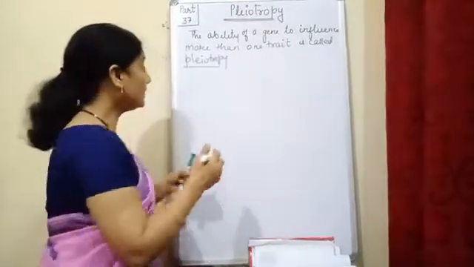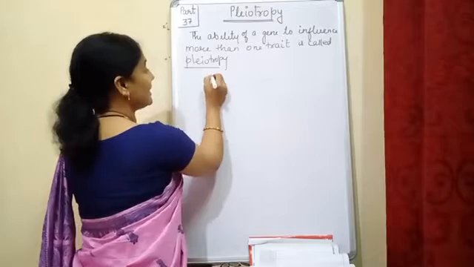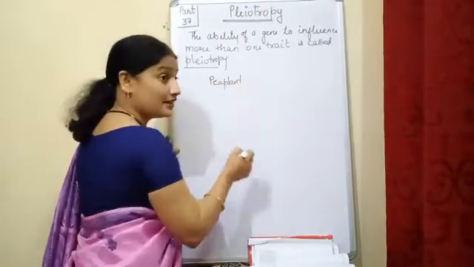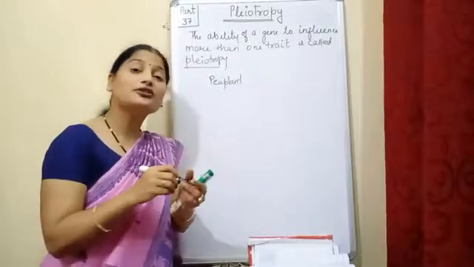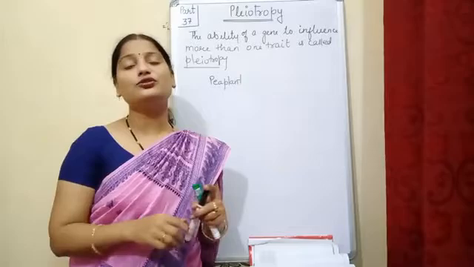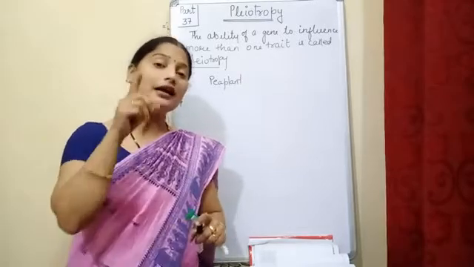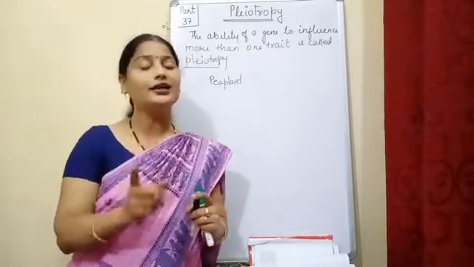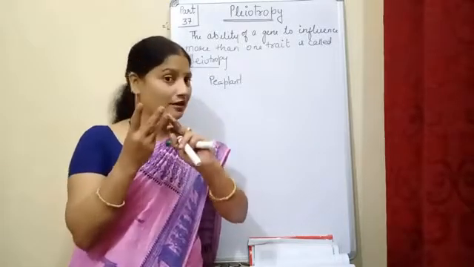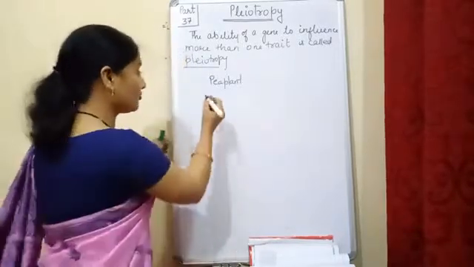For example, in the case of pea plant, the gene responsible for the color of the flower is also responsible for the color of the seed coat and the color of the leaf axil. So here one gene is responsible for three traits. What are the three traits?